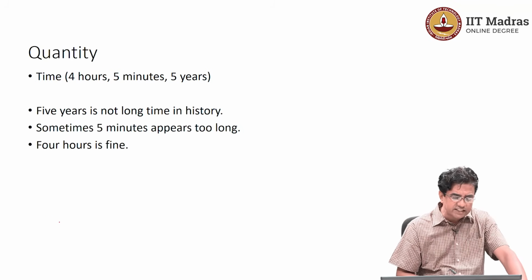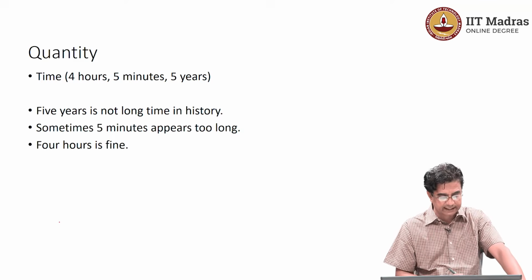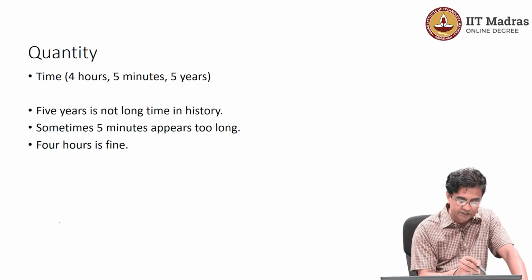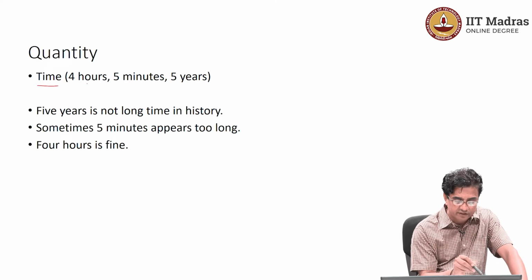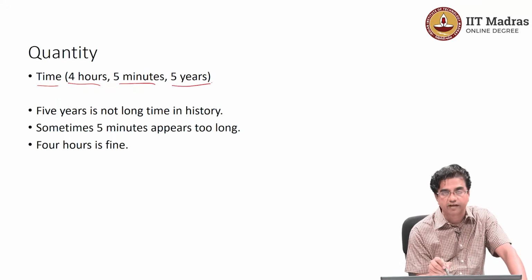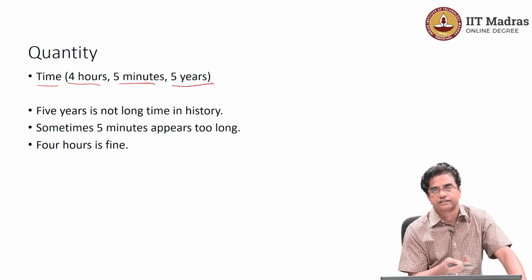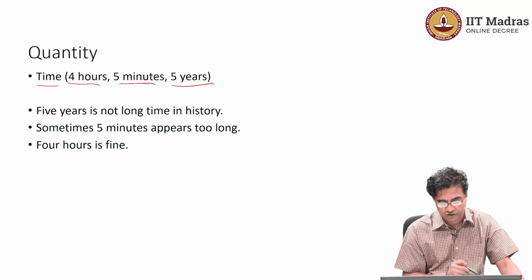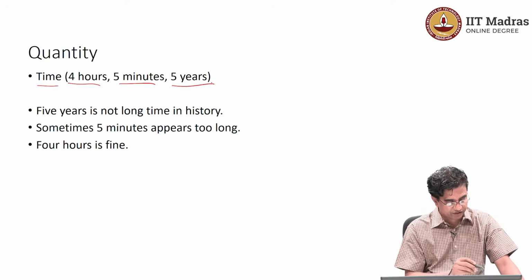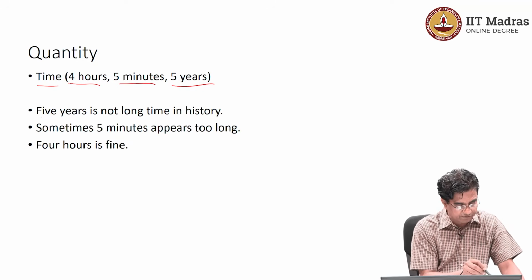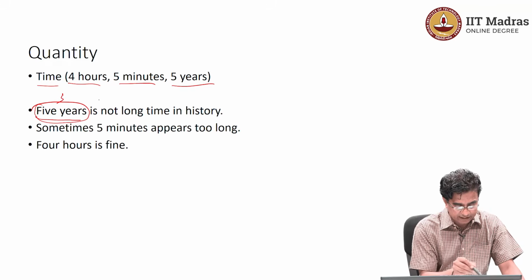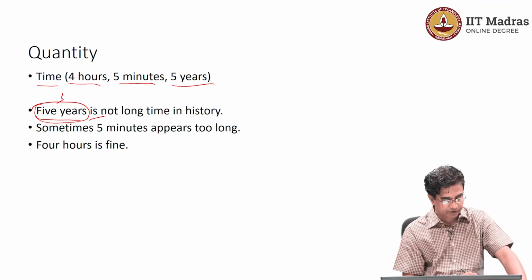The quantity at times is taken as singular, particularly quantity of time like 4 hours, 5 minutes, 5 years, or these are just random numbers. You can select any. So we can say 5 years is not long time in history. So here we do say 5 years, but as a whole this is considered singular, hence the singular agreement.